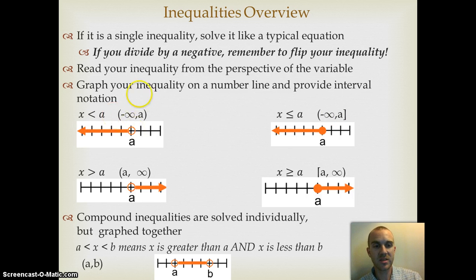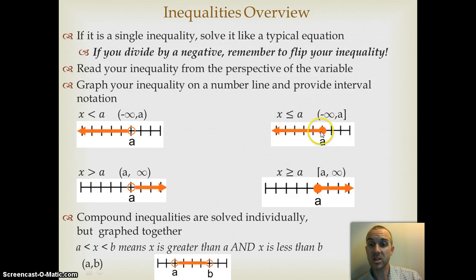So that's why we use the symbol negative infinity up to a right here. And you can never actually get to negative infinity, so the infinity symbol always has a parenthesis, and it goes up to a. Same thing when we say less than or equal to, it's a parenthesis on the negative infinity, but it's a bracket on the a because that equals to.